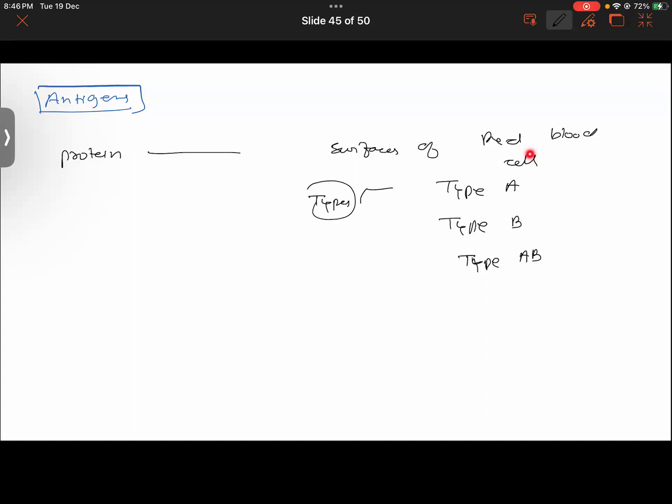So the antigens found on the red blood cells are type A, type B, and type AB. Getting this or not?